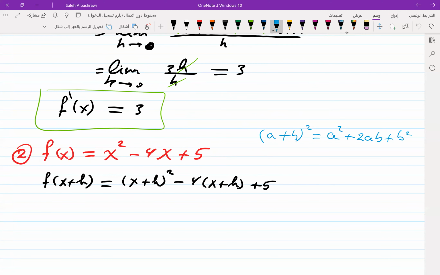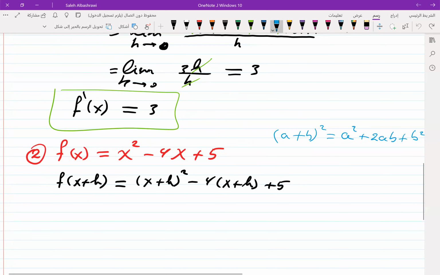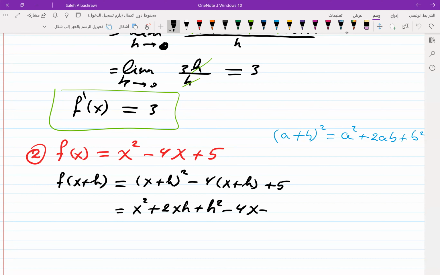I'm going to use it to open the first bracket. So this is equal to x squared plus 2xh plus h squared. Open the second bracket, that will be minus 4x minus 4h plus 5. So this is f of x plus h. Now let's find the derivative.